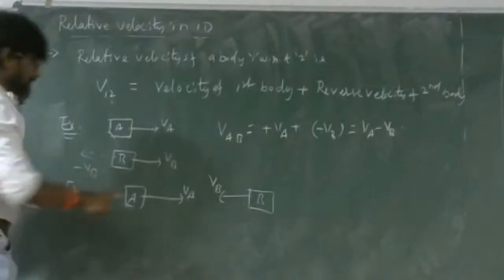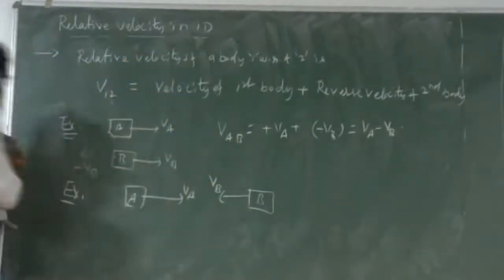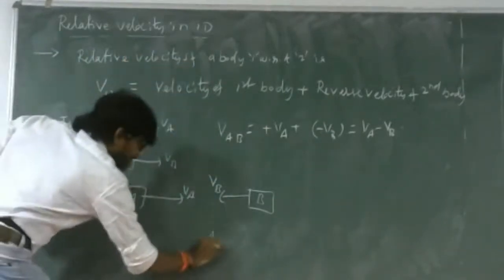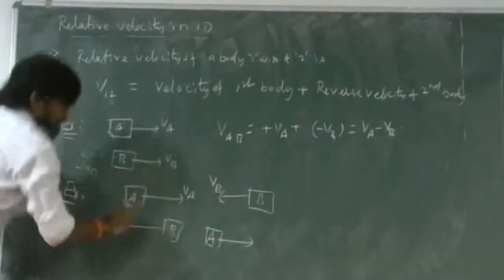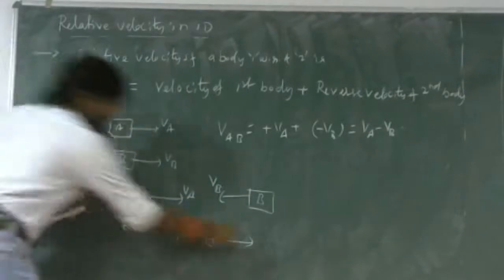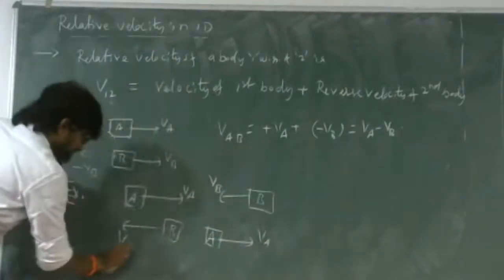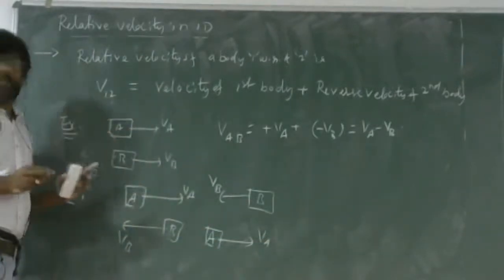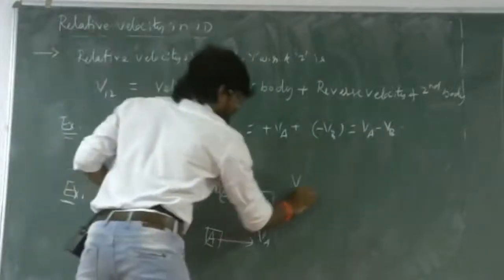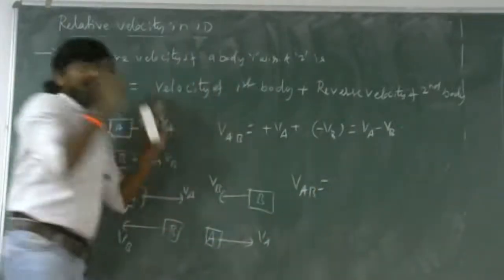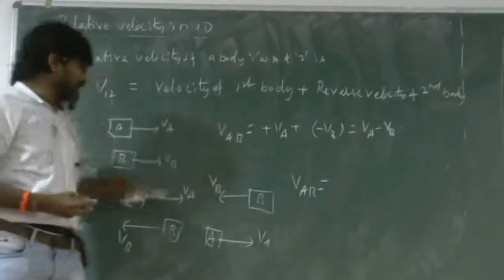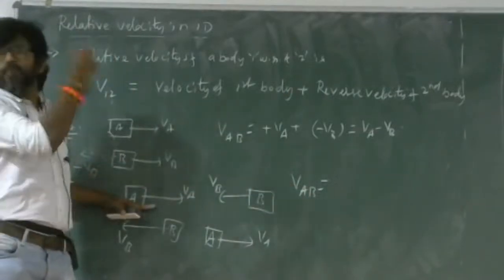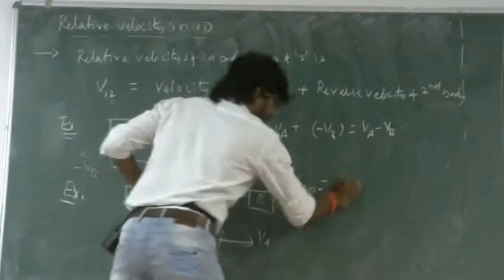A is moving in that direction, B is moving in this direction, in both cases with VA and VB. For both cases it is applicable. In this case, velocity of A with respect to B, first one will be A, second one will be B. So velocity of A is in positive x direction, so VA.